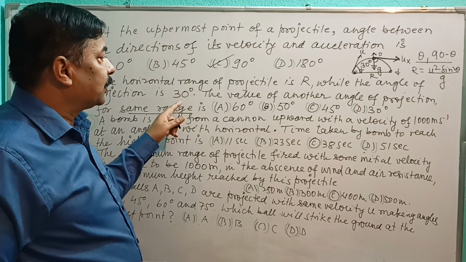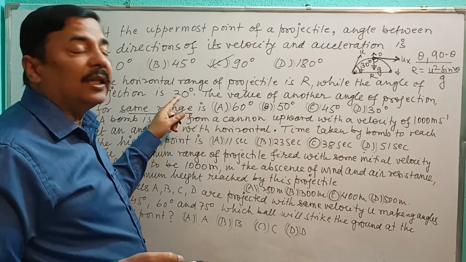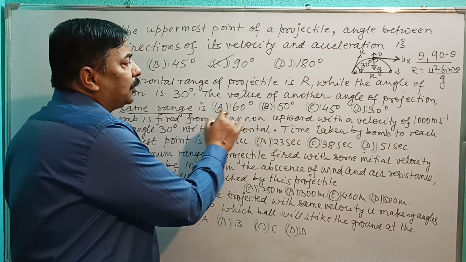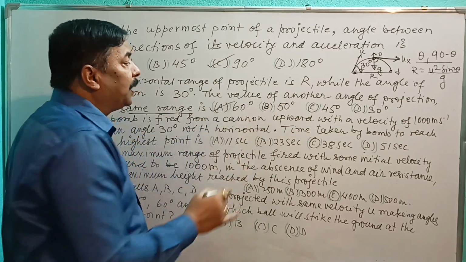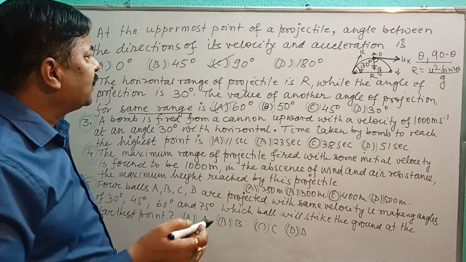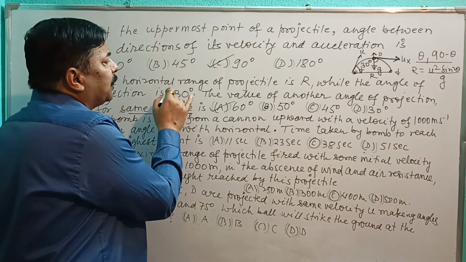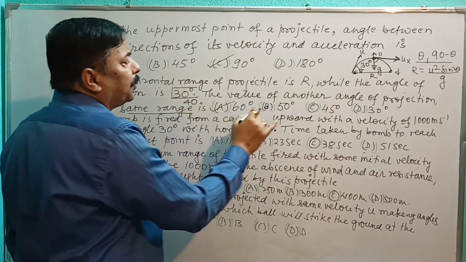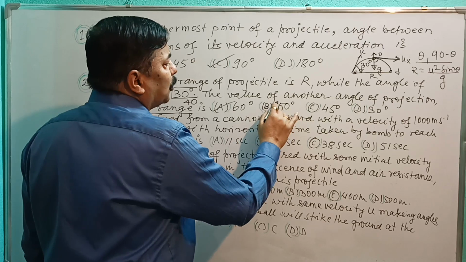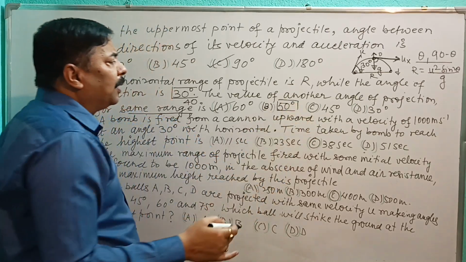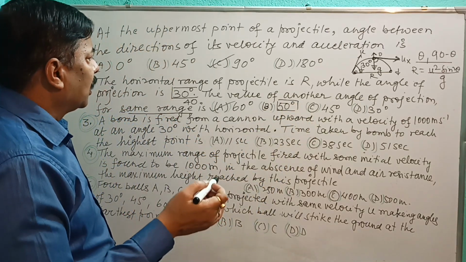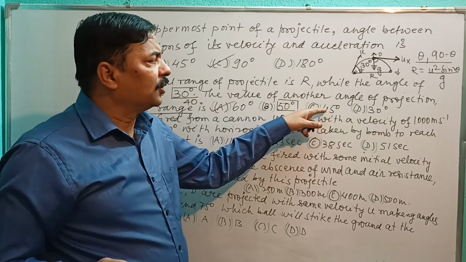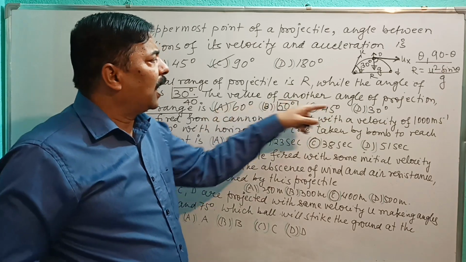Therefore, if one angle is 30, the other angle should be 90 minus 30, so out of these four choices, this answer should be correct. It can be changed in another way also. Suppose this angle is 40 degree, then this should be your correct option. If this angle is 45 degree, that is already there, and 60 is there and 30 is there.